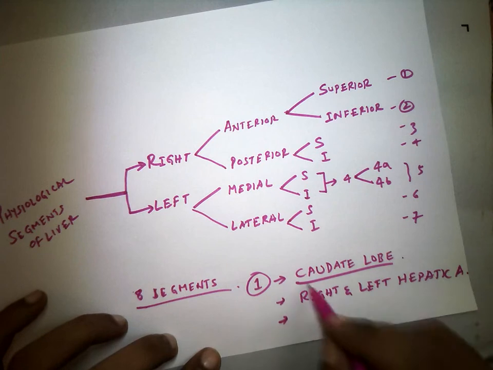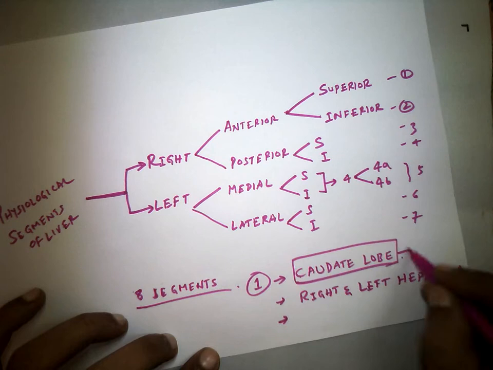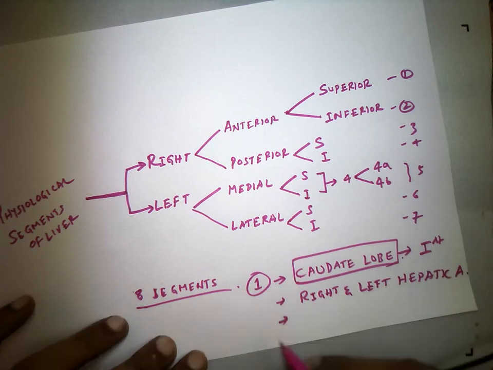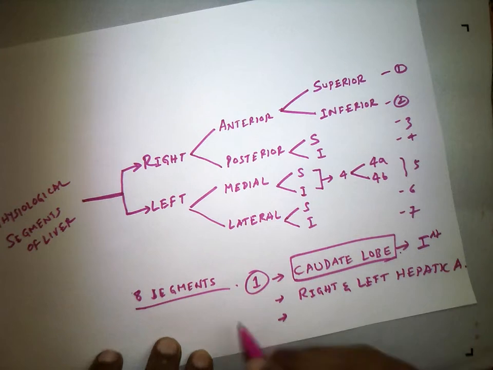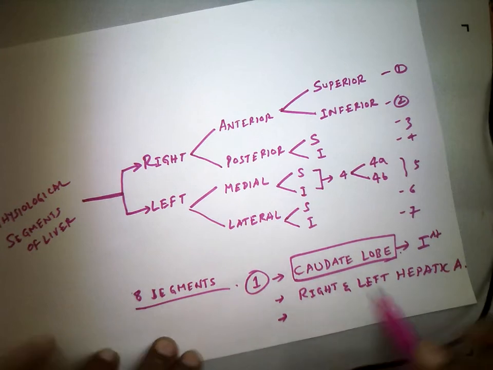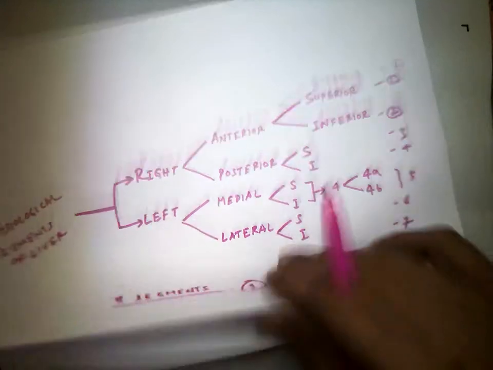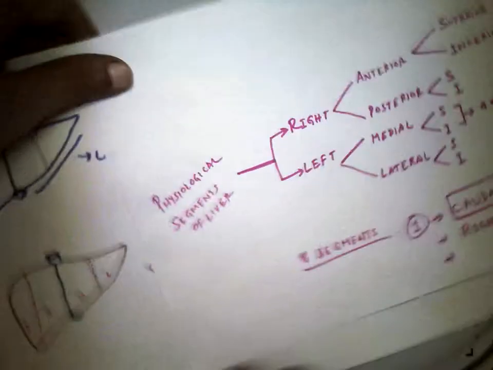That is why this unique part of the liver is considered as the first segment, the first physiological segment of the liver. The remaining ones are labeled in a clockwise direction, in a clockwise direction.